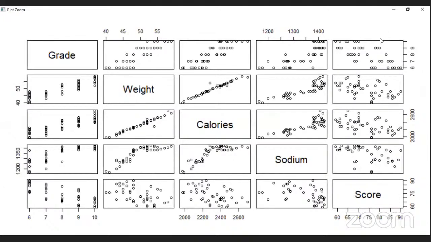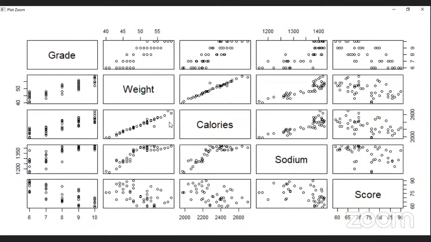This is all random. One can observe that this is the score, and the score is the dependent variable. Are you getting it? Score with sodium, score with grade, etc. Score with weight, no relation.